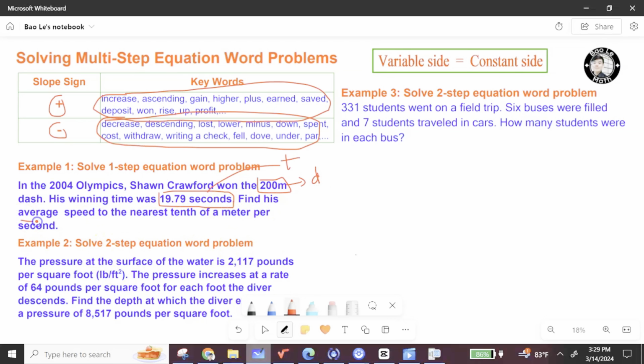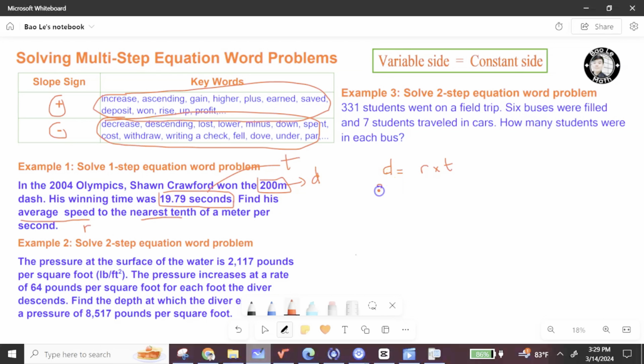Find his average speed, which means you need to find the rate, to the nearest tenth of a meter per second. So you know that distance always equals the rate multiplied by time.